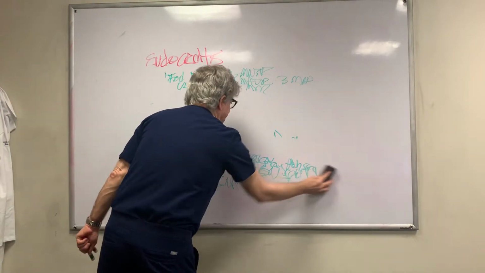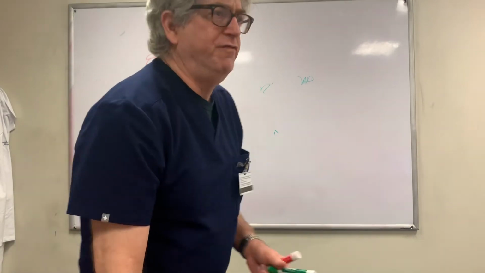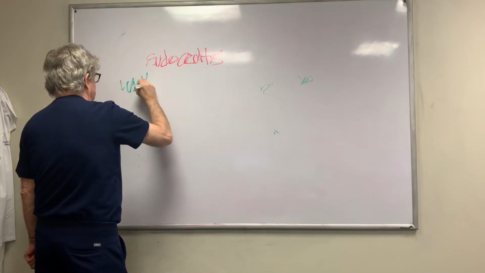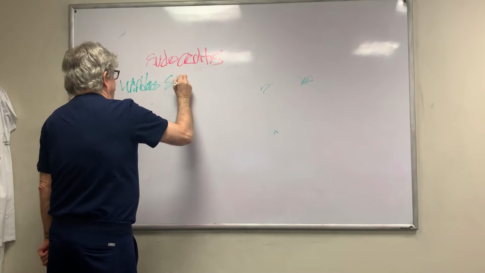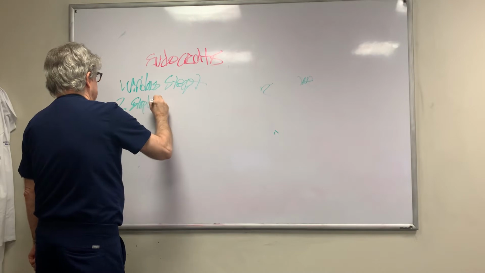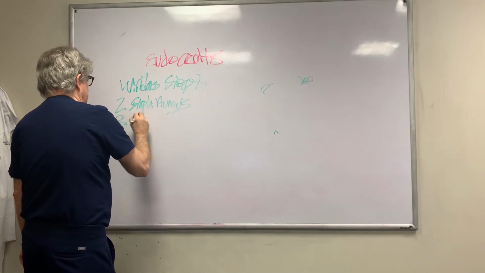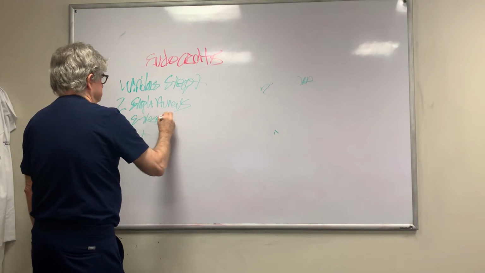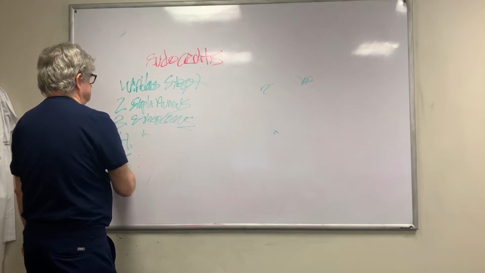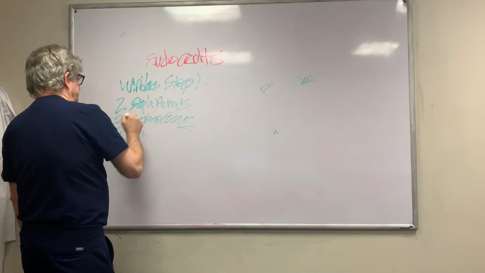Let's talk about the players, the organisms that you think of. So when you're thinking of endocarditis and what organisms cause this, you have Viridans strep, Staph aureus, Enterococcus, and these are the big 3.